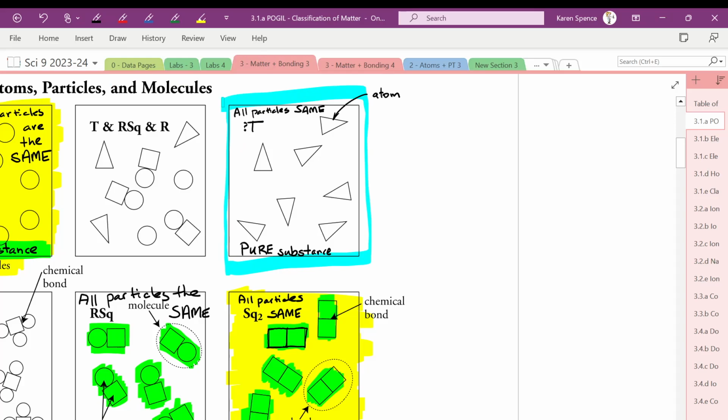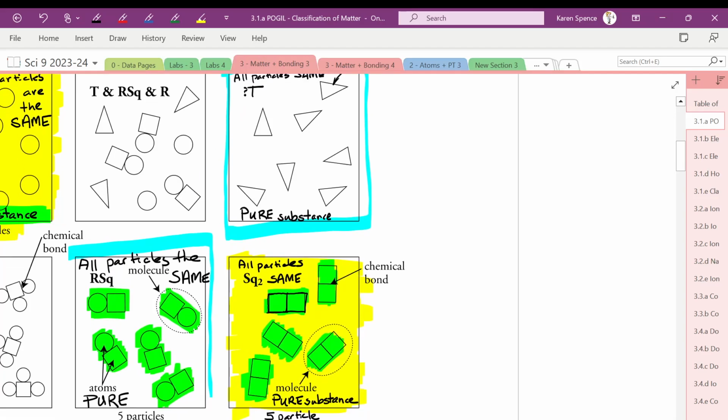The 3 samples in blue, they're all pure substances, but what makes RSQ different than the other 2 samples?